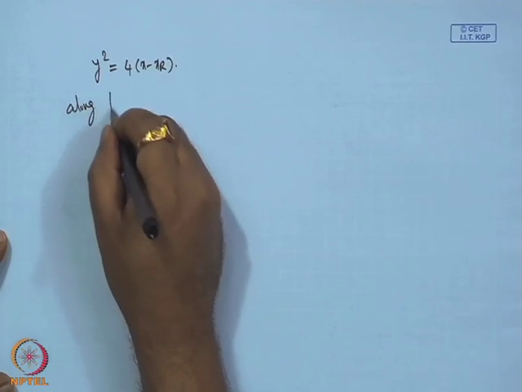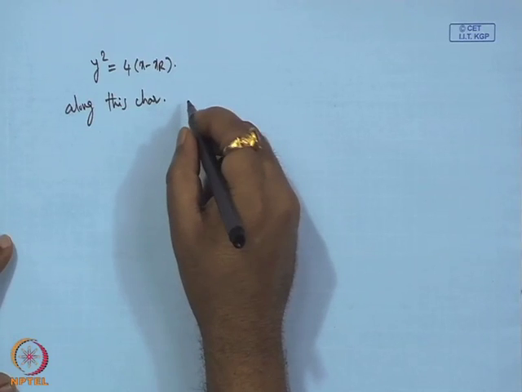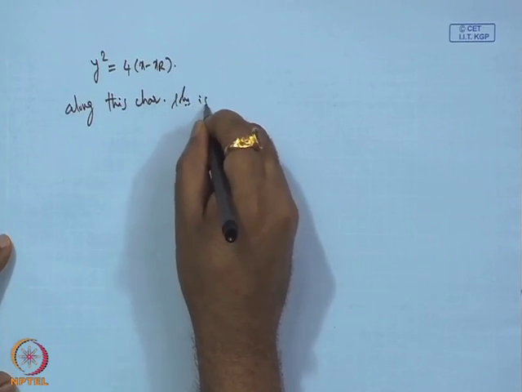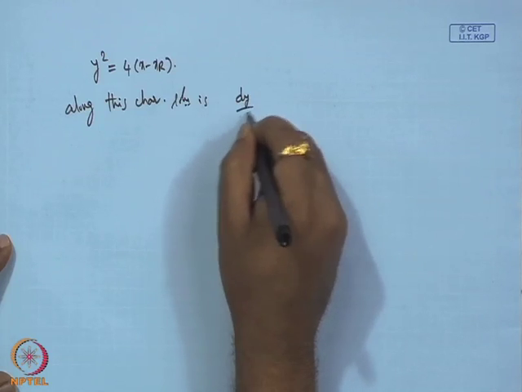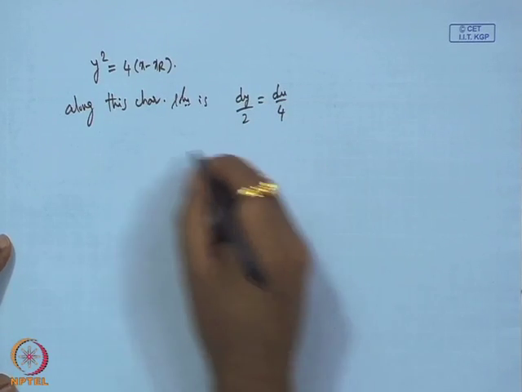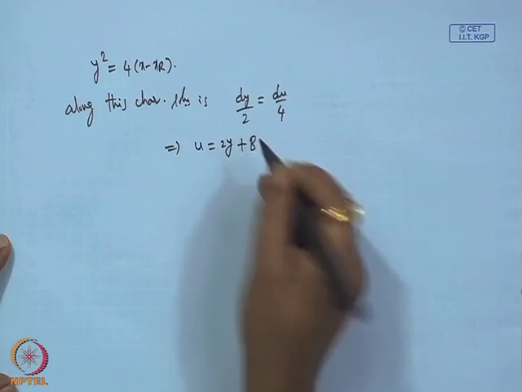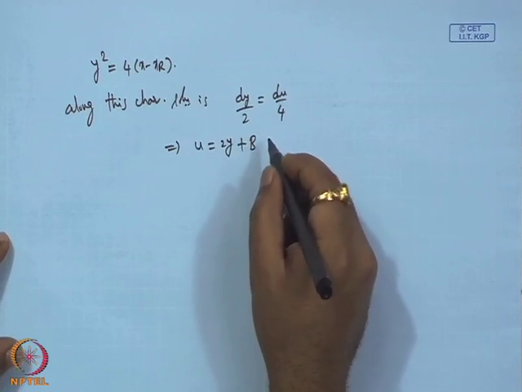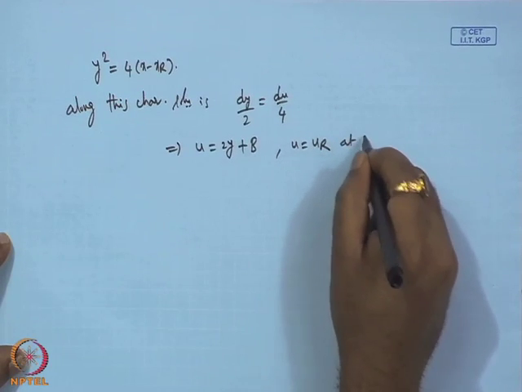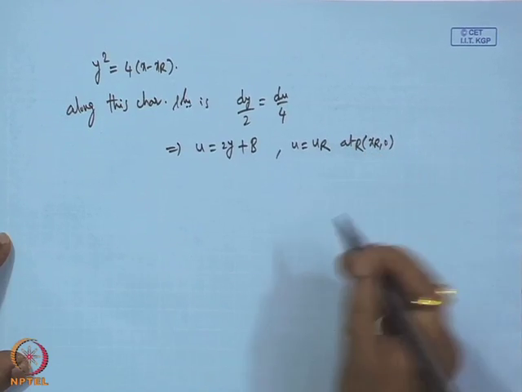Now, along this characteristic, the solution is du by 4 equals dy by 2. This implies, now again, u is u r at (x r, 0), which is r.